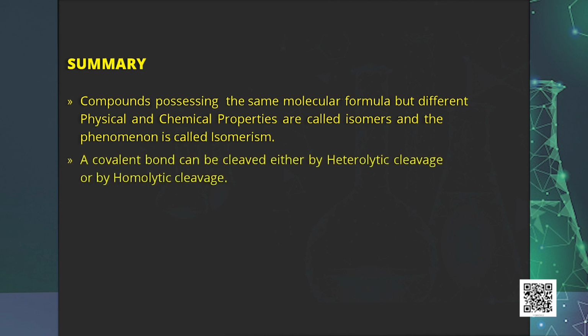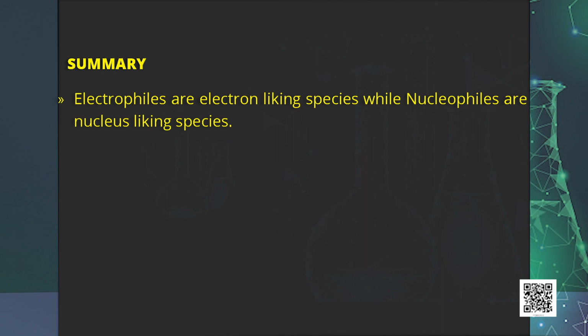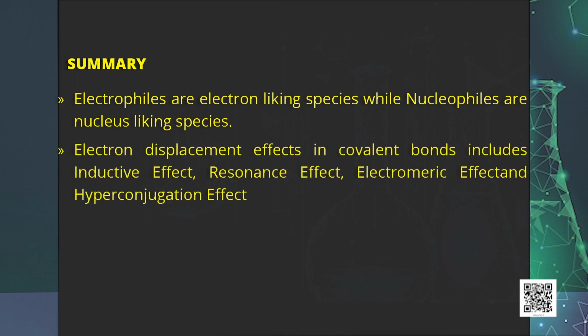A covalent bond can be cleaved either by heterolytic cleavage or by homolytic cleavage. Electrophiles are electron liking species, while nucleophiles are nucleus liking species. Electron displacement effects in covalent bonds are inductive effect, resonance effect, electromeric effect and hyperconjugation effect.